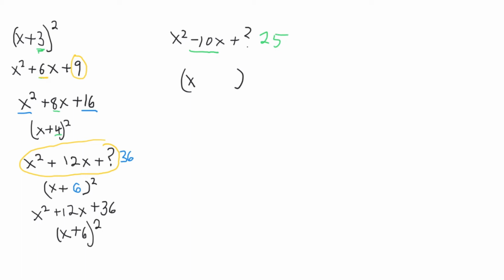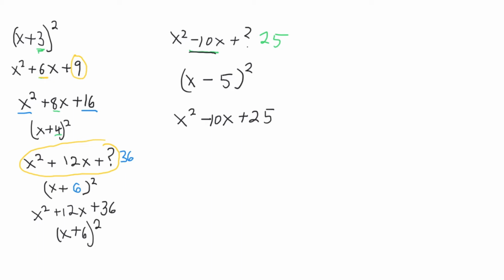And then inside my parentheses for the binomial, it would be half of this, so x minus 5 squared. If we multiply it out, we'd get the square of the first term, twice the product of the two terms, and the square of the last term. Voila. So this is the root of what we need to understand before we can use completing the square for solving equations.